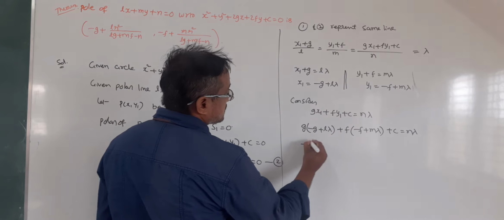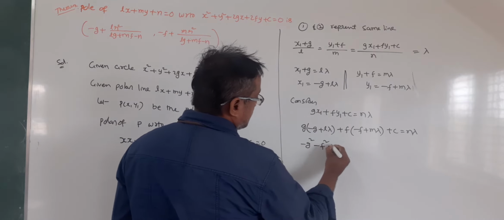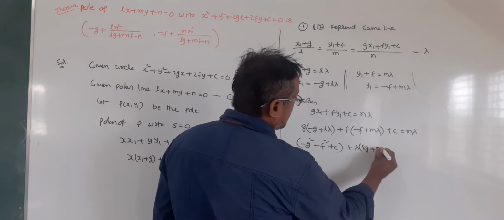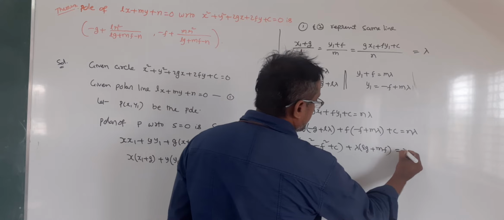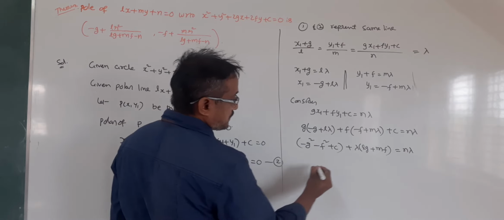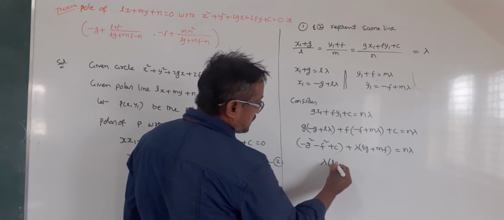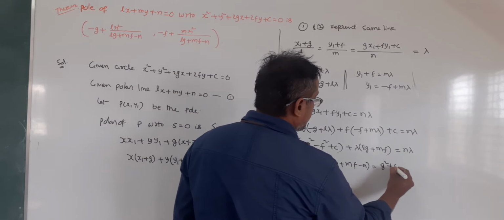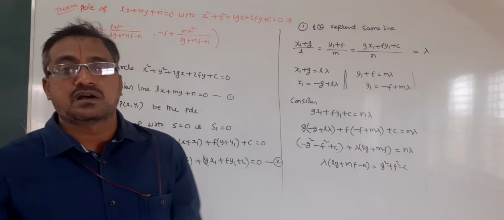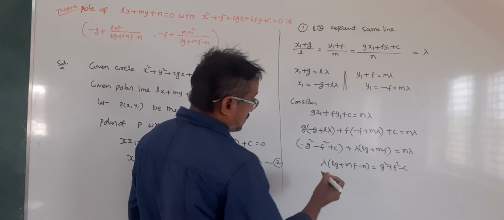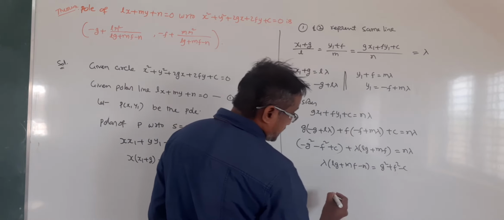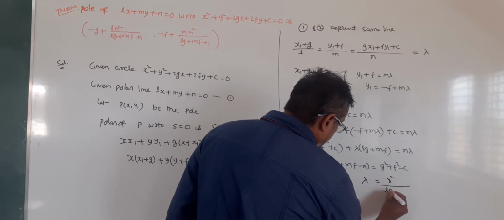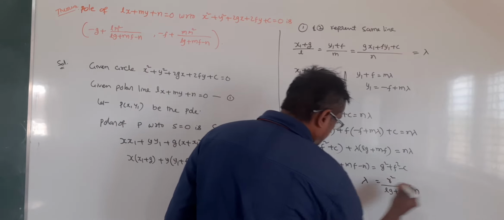So minus g square minus f square plus c plus lambda into lg plus mf is equal to n lambda. So lambda into lg plus mf minus n is equal to g square plus f square minus c. Now here g square plus f square minus c can be taken as r square. So lambda is equal to r square by lg plus mf minus n.